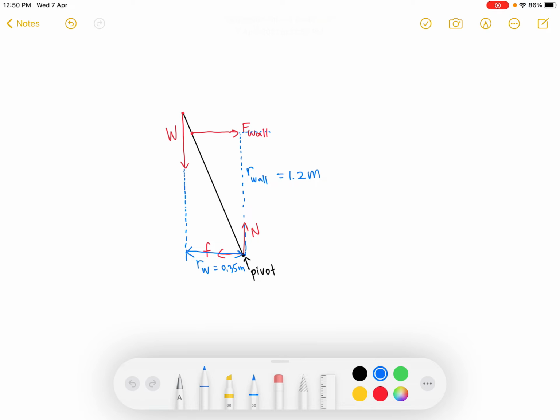Now that you have your lever arms, your forces and your pivot point, you do your net torque calculation. So you take the net torque about the hoof, which is your chosen pivot point.